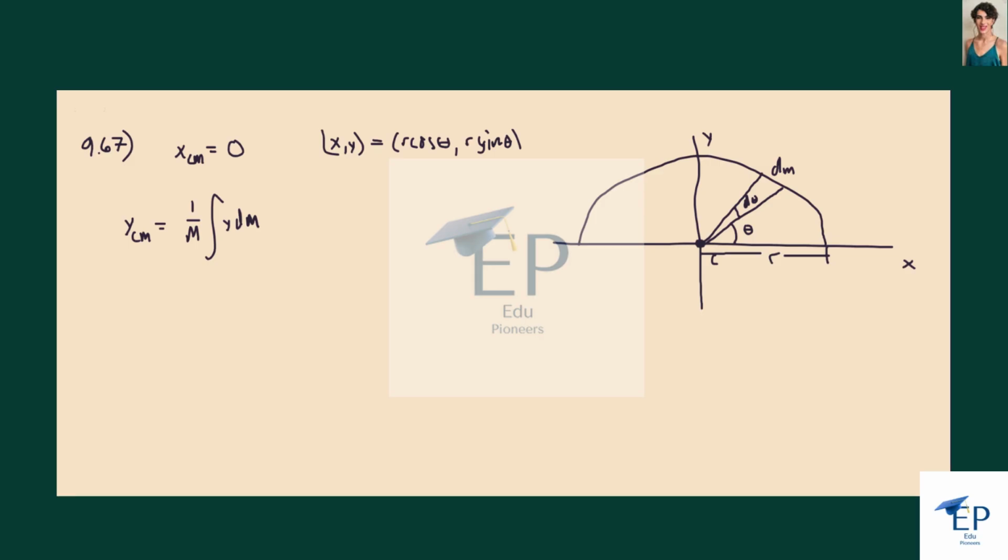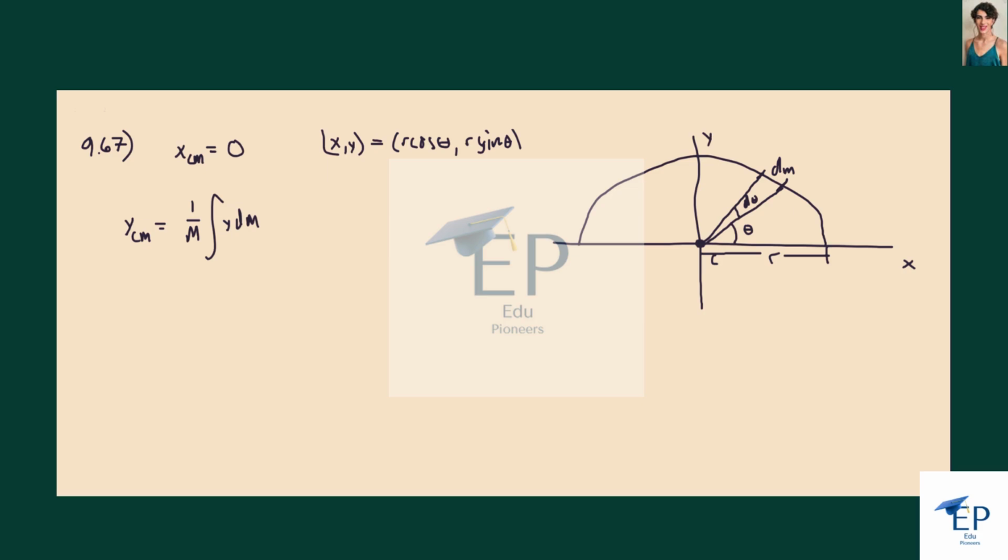Okay, so we've got to figure out what this dm component is. If we take the total mass and chop this up into a small little chunk dm, how much is it going to be?